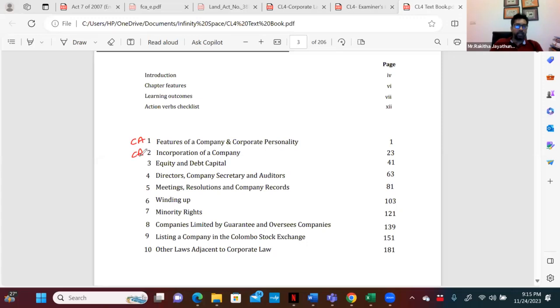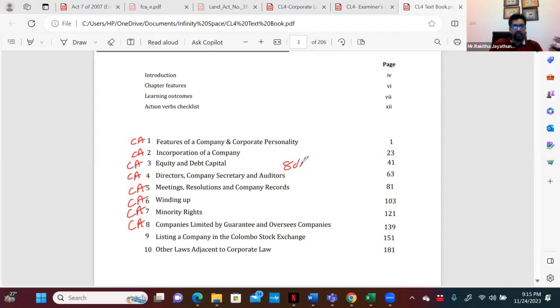Incorporation, Companies Act. Equity and debt capital, Companies Act. Directors, company secretary, and auditors, Companies Act. Meetings, resolutions and company records, Companies Act. Winding up, Companies Act. Minority rights, Companies Act. Companies limited by guarantee and overseas companies, Companies Act.